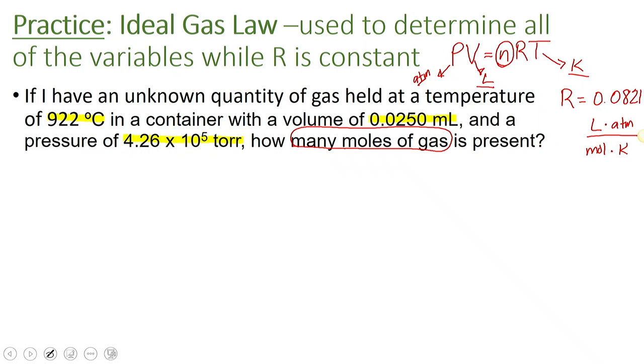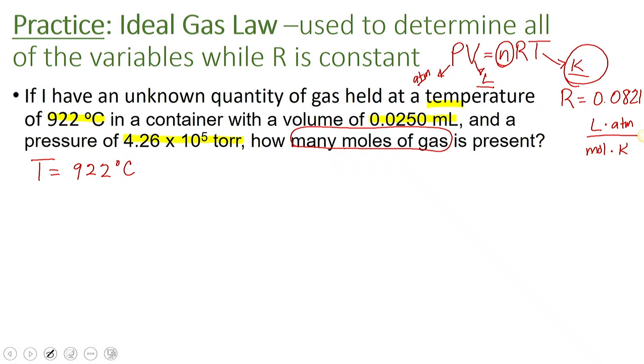So what do we have? Let's say we're starting off, our temperature T is equal to 922 degrees Celsius. Well, if we remember over here, we've got to have kelvins in our answer.